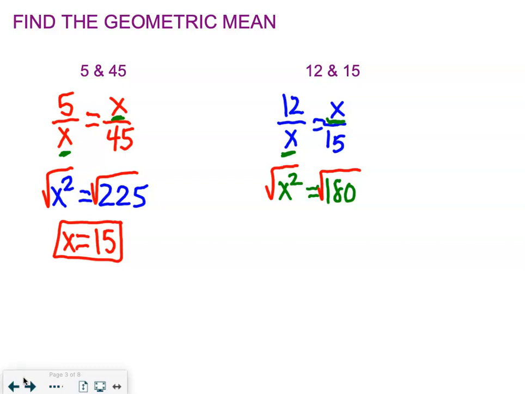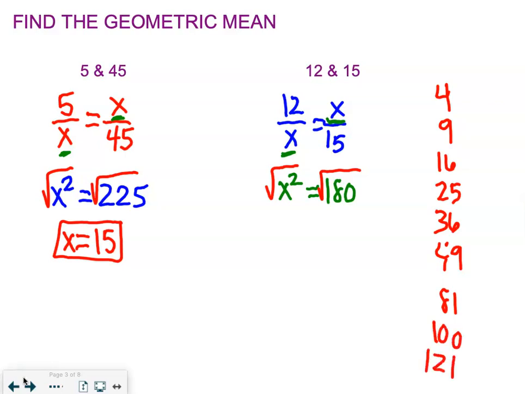If you need a refresher, your perfect squares would be like 4, 9, 16, 25, 36, 49, 81, 100, 121. I'll have these written on the board tomorrow so you can see them. But your job is to figure out which one of these, if it's possible, evenly goes into 180.